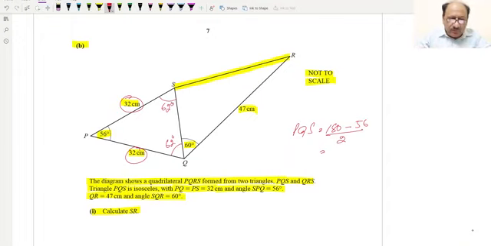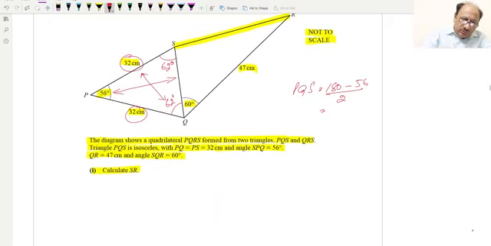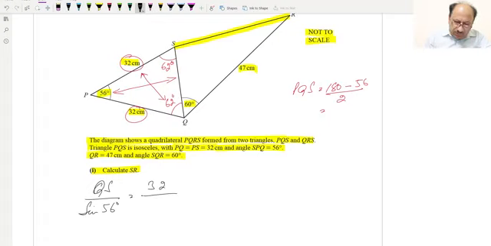Now we can directly apply the sine rule, using one of the sides and its angle, and further the unknown side and its angle. QS over sine of 56 degrees will be equal to 32 over sine of 62.